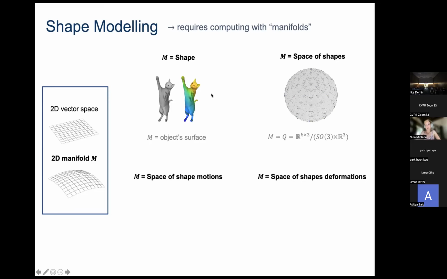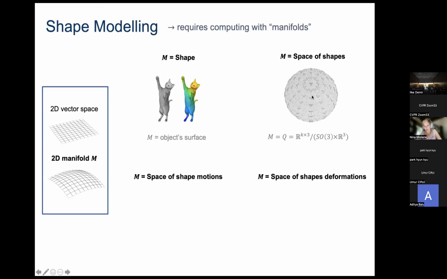The second example is a bit more abstract. The manifold can be the space of all the shapes. So in the first case, one shape is a manifold. In the second case, we consider the space of all possible shapes. What you have illustrated with the sphere is actually the shape space of all the possible triangles.